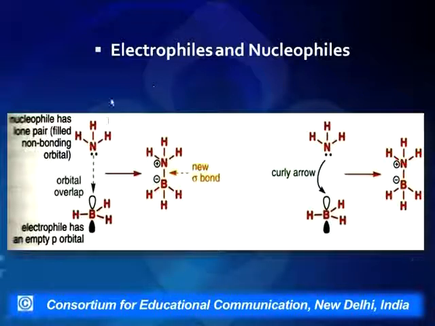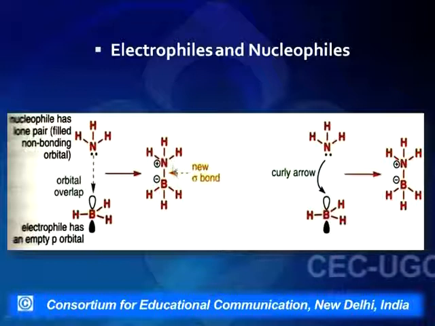Here, see, ammonia has a lone pair of electrons in the highest filled orbital. So these lone pair of electrons, here it is acting as a nucleophile, and here this borane is acting as an electrophile. It has an empty orbital. These electrons are going from the highest filled orbital to the lowest unoccupied orbital. So what we find here is that a bond formation takes place.